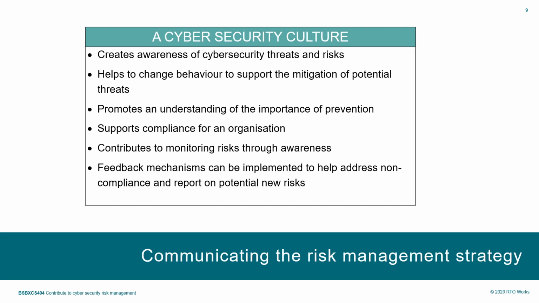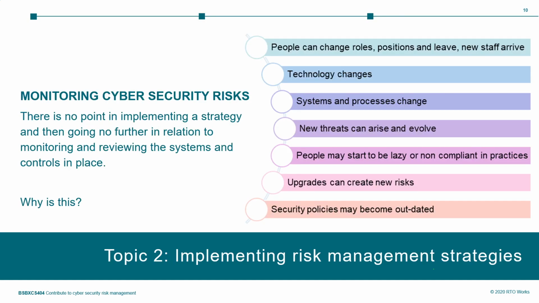Because we need to rely on the people doing their jobs to advise us of the threats to their jobs. We are not subject matter experts across every element within a business. We need the people that are using the systems, that understand the processes, to advise us of those things.